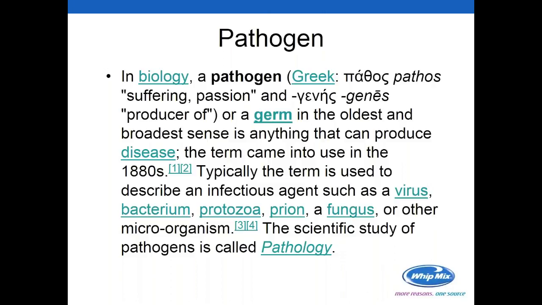If we look down at the bottom here, the term is used to describe an infectious agent like a virus, bacterium, protozoa, which if you're not familiar with that is a little single-celled goofy critter, prion, and a fungus, or other microorganisms that we're not totally aware of. That is called a pathogen, and the study of that would be pathology.